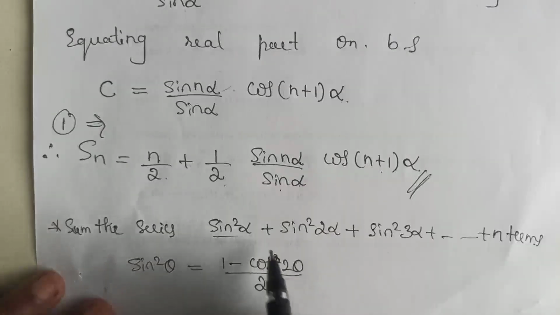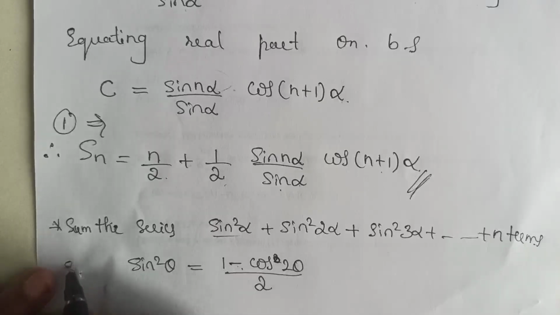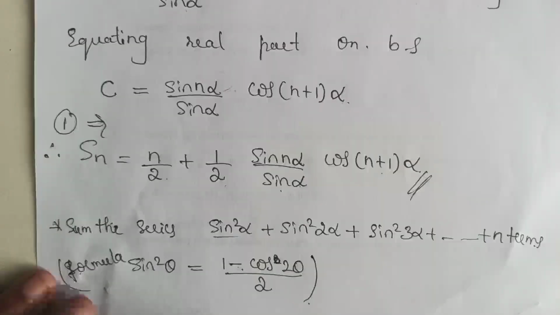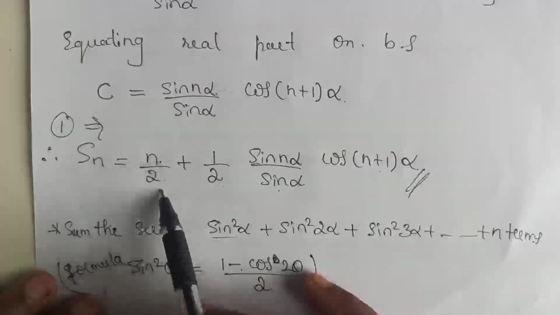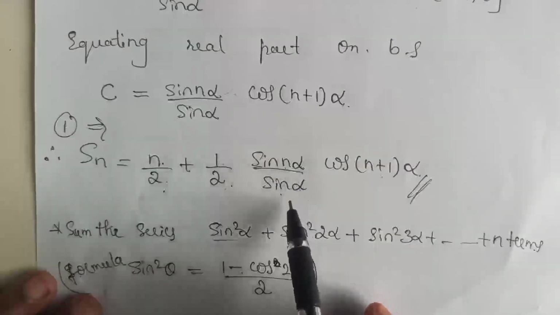Same as that of cos, but here we get a minus sign. By using this formula you can solve the problem. So this is the answer, and the final answer will be n divided by 2 minus 1 by 2 sin nα divided by sin α.